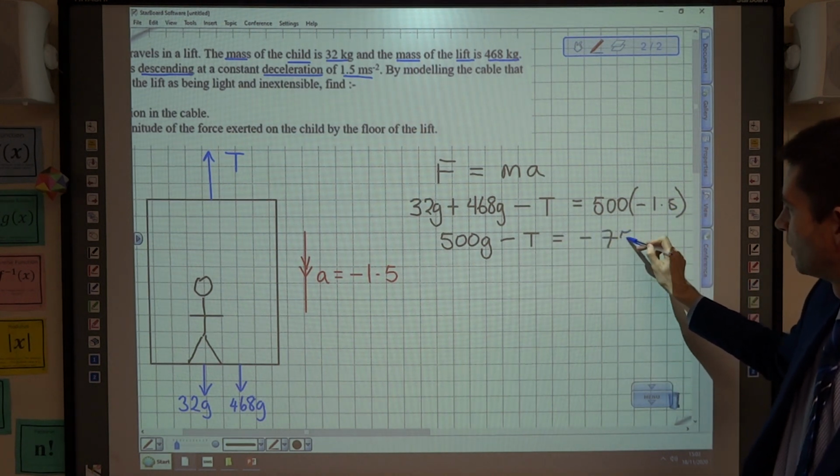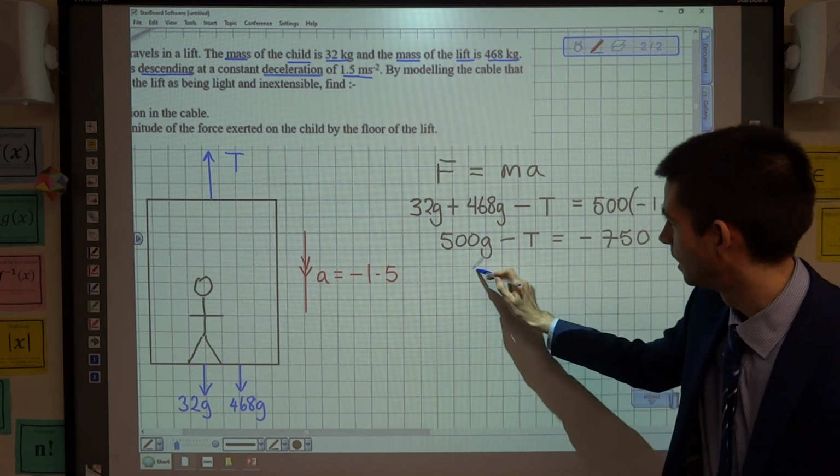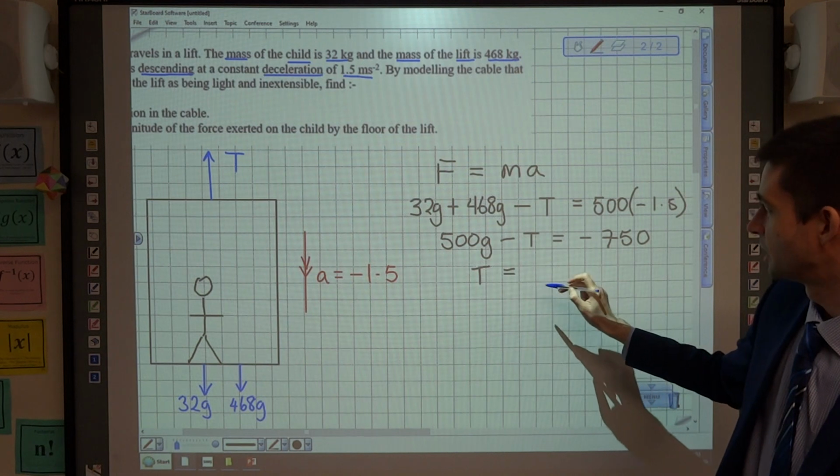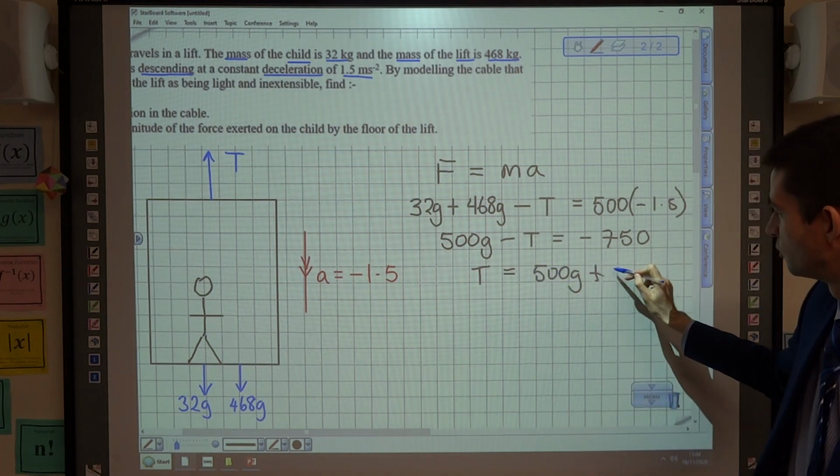So, what I have here is 500g minus T is equal to 500 lots of negative 1.5, so that's negative 750. Rearranging that, I can see that the tension is going to be 500g plus 750.